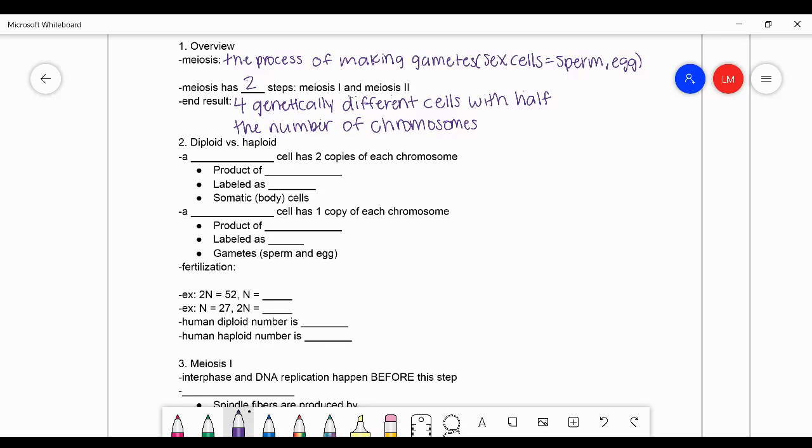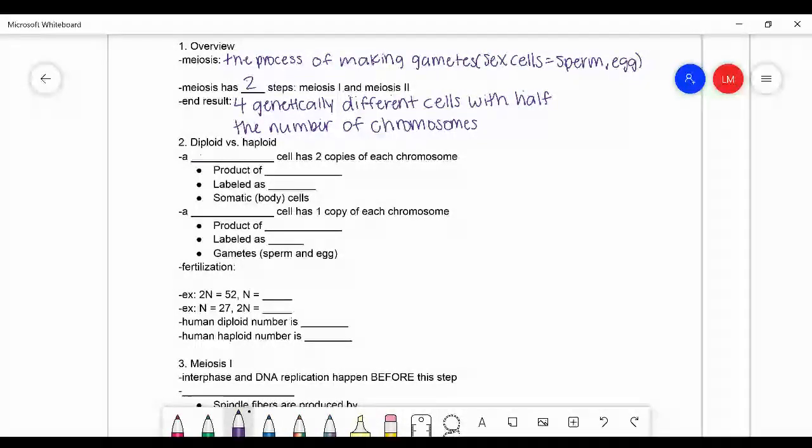So with mitosis, making 2 genetically identical cells, meiosis, 4 genetically different cells, but that have half the number of chromosomes. And what we'll move on to next is looking at diploid versus haploid, which is the terms we use to describe how many chromosomes a cell has, or how many copies.